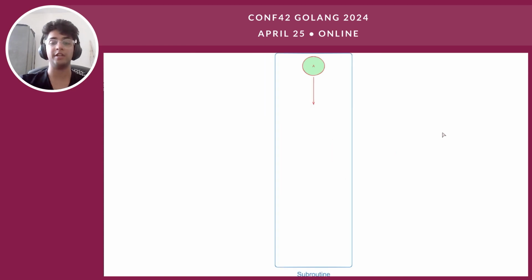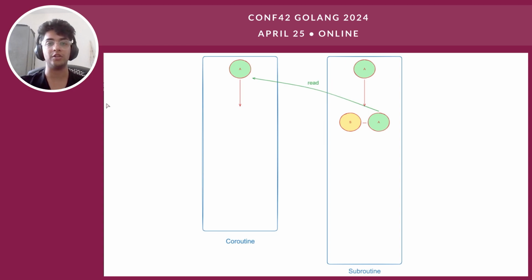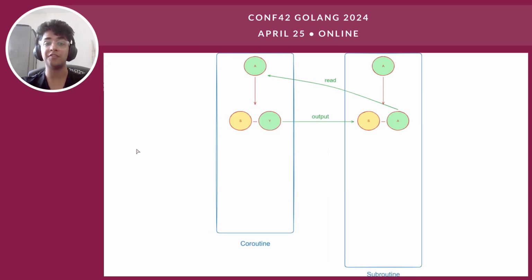Say you have a subroutine running over here and you want to run this coroutine on the left. So your subroutine suspends itself and say it wants to read from some output that is output from this coroutine. So your coroutine starts functioning. After it has the output, it can suspend itself and yield control back to your subroutine with the output. And now you can see that the coroutine is actually stopped here. It has saved the state and it's actually paused in the middle of its execution.